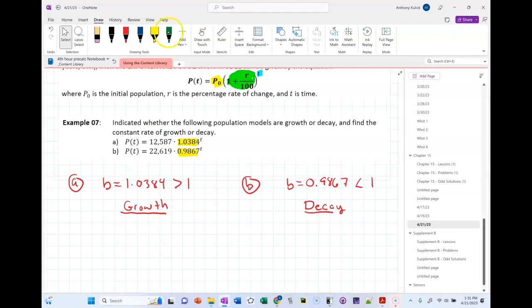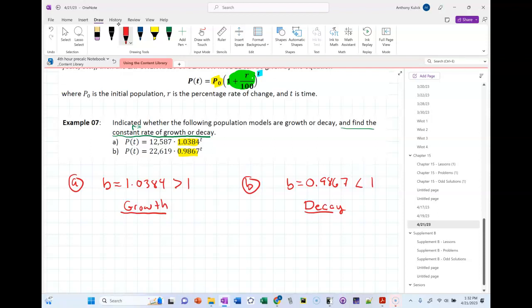Now there's a second part to this question. It says, and then find the constant rate of decay. What does that mean? That's the value for R in our population model equation.